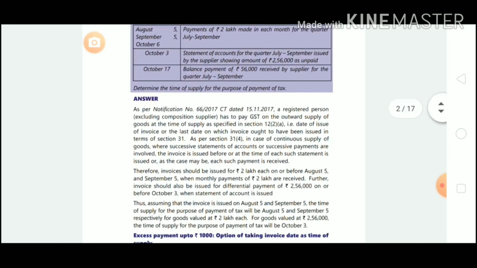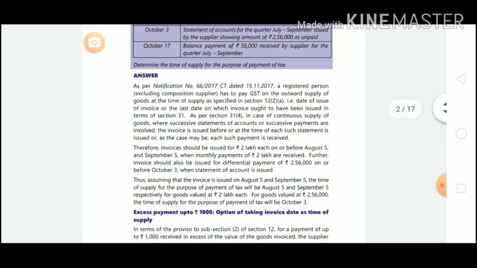As per notification number, a registered person excluding composition supplier has to pay GST on the outward supply of goods at the time of supply as specified in section 12 subsection 2 clause A, that is date of issue of invoice or the last date on which invoice ought to have been issued in terms of section 31.